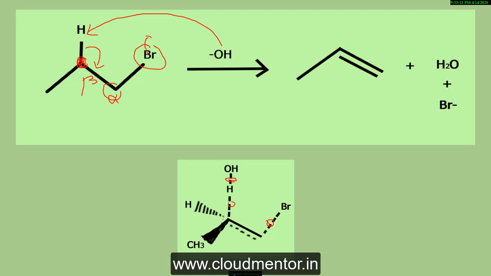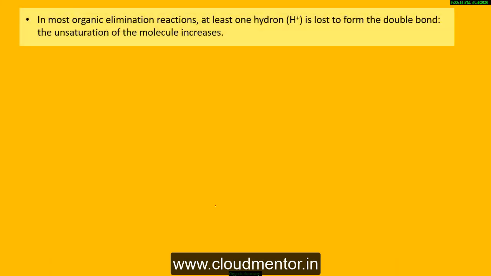Now it's time to look at some important points on the E2 reaction. In most organic elimination reactions, at least one hydron, that is H plus, is lost to form the double bond, and the unsaturation of the molecule increases.